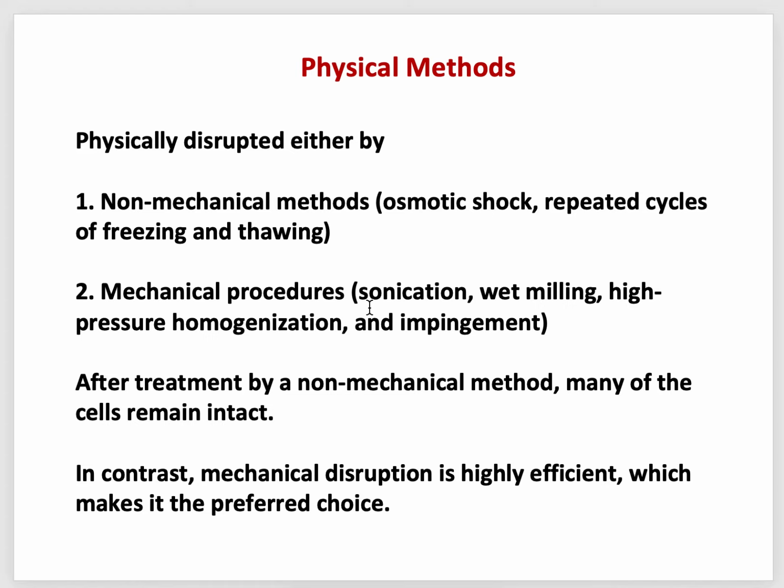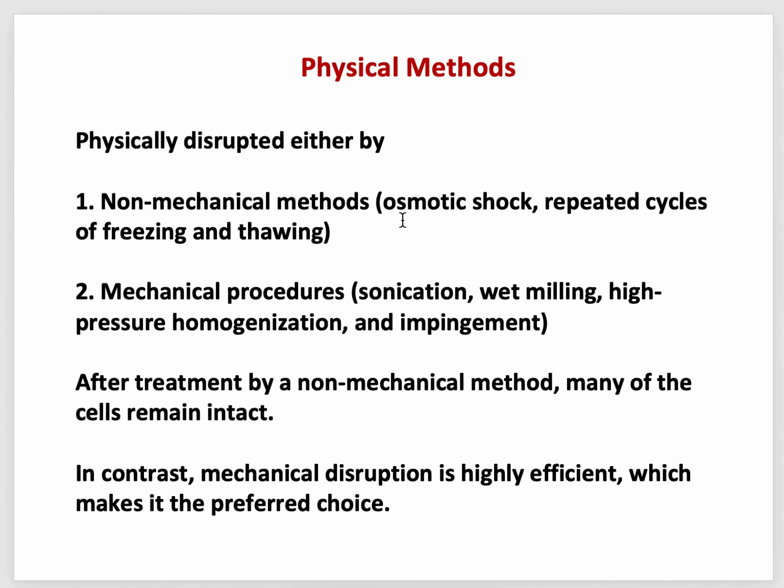However, after treatment by a non-mechanical method, many of the cells remain intact. Non-mechanical methods are less efficient than the mechanical procedures, and mechanical disruption is highly efficient. So that's why mechanical disruption is more frequently used than the non-mechanical methods.